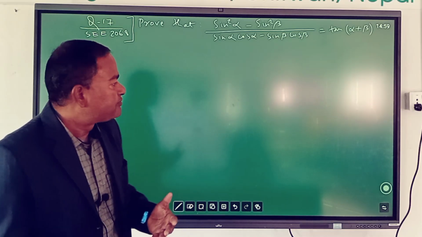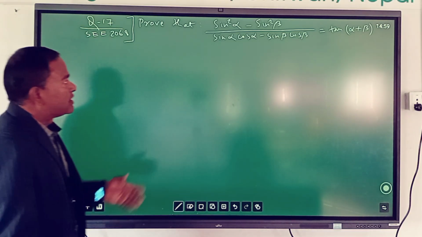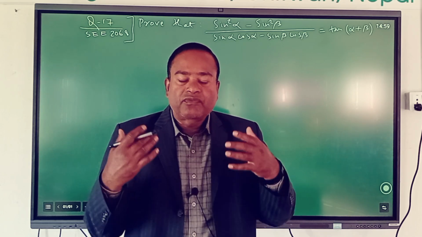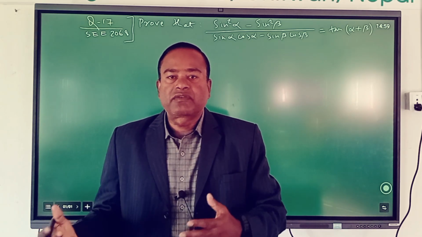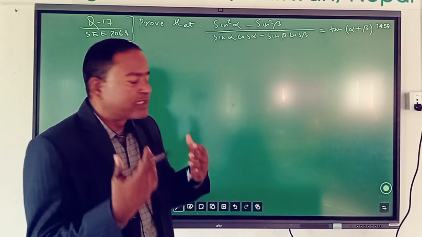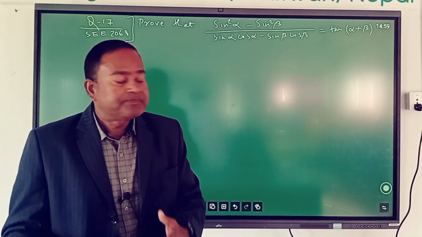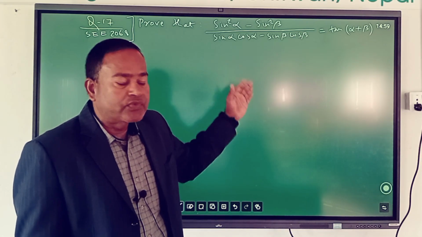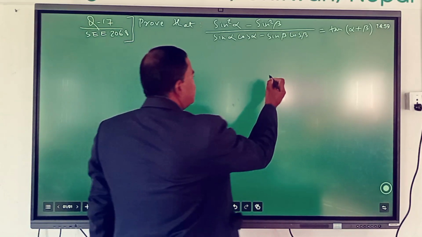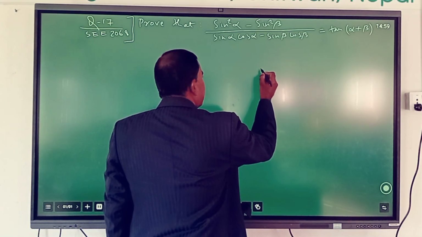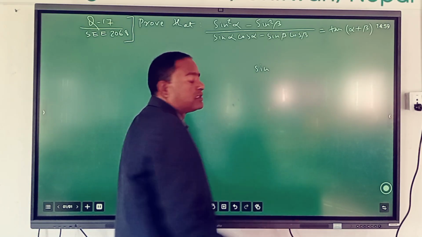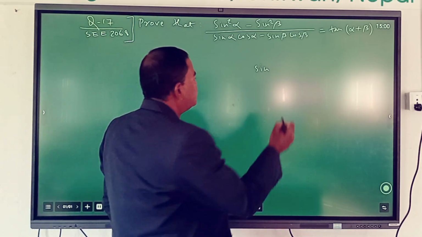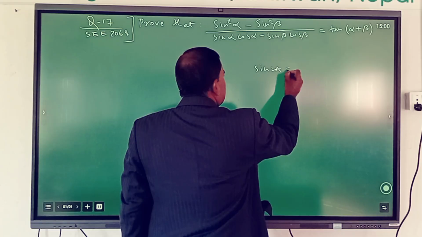Dear students, in this question at first we have to recall the formulas of multiple angles of trigonometric ratios. So let us recall some of the formulas which we are going to use. At first, the formula of sin 2A.